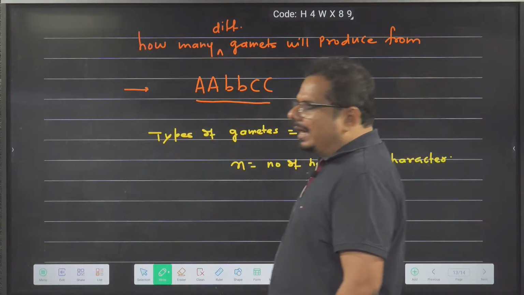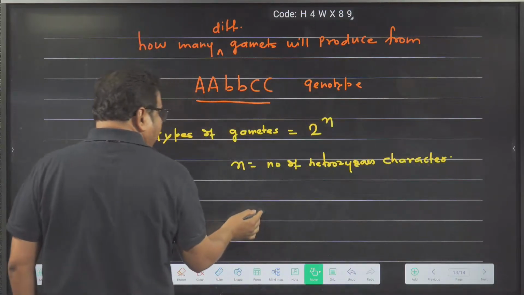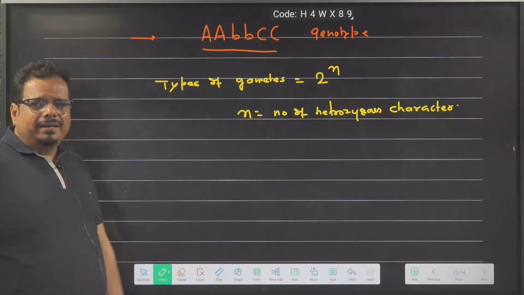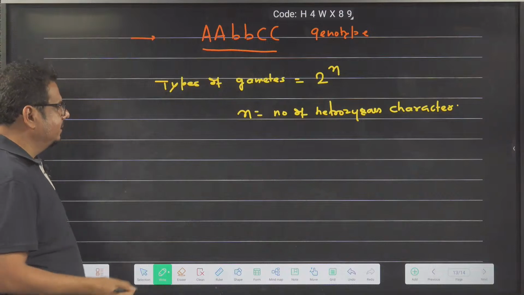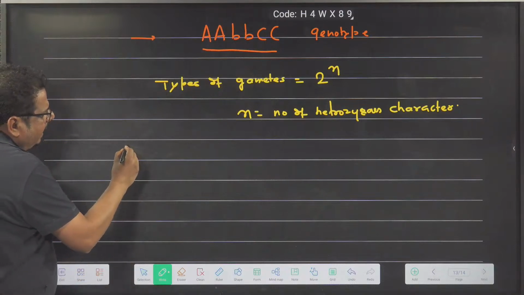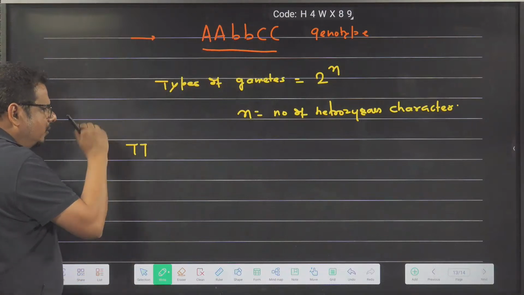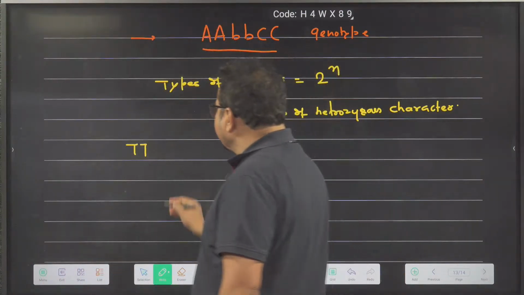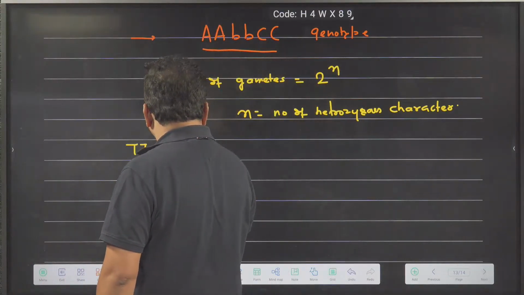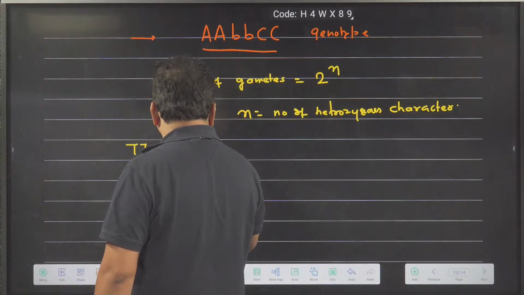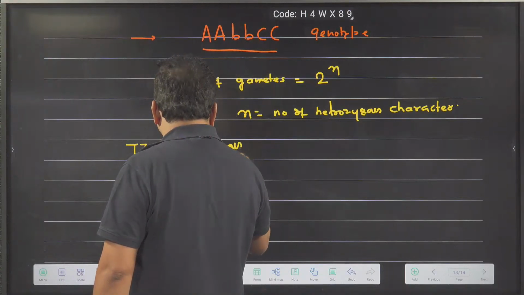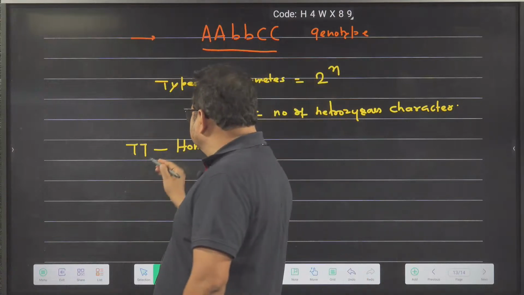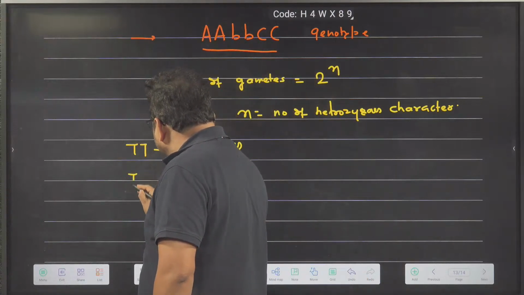Now in layman's language, what is the meaning of heterozygous character? I am not going for a detailed explanation. Suppose I am writing capital T, 2 alleles, both of the same type, both with capital letters. We call it homozygous. 2 capital T is there. Both alleles are the same. I am telling just the basics.